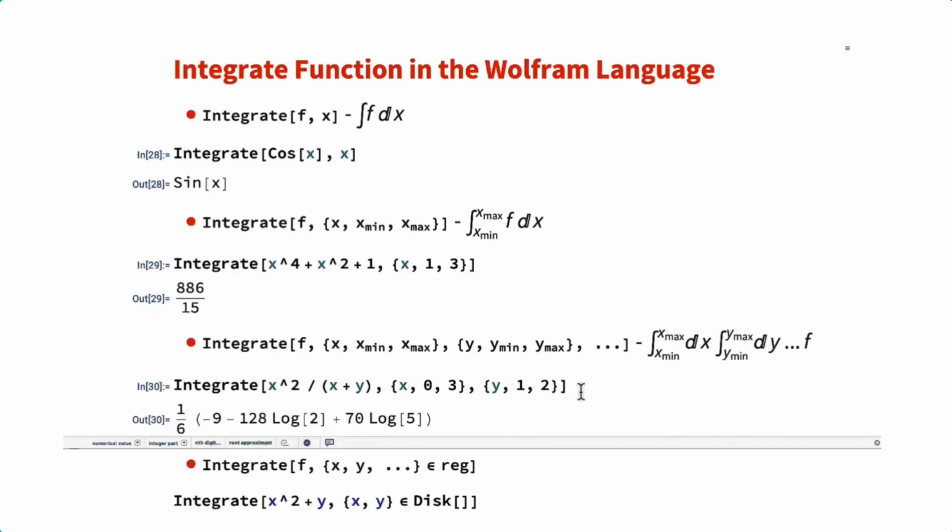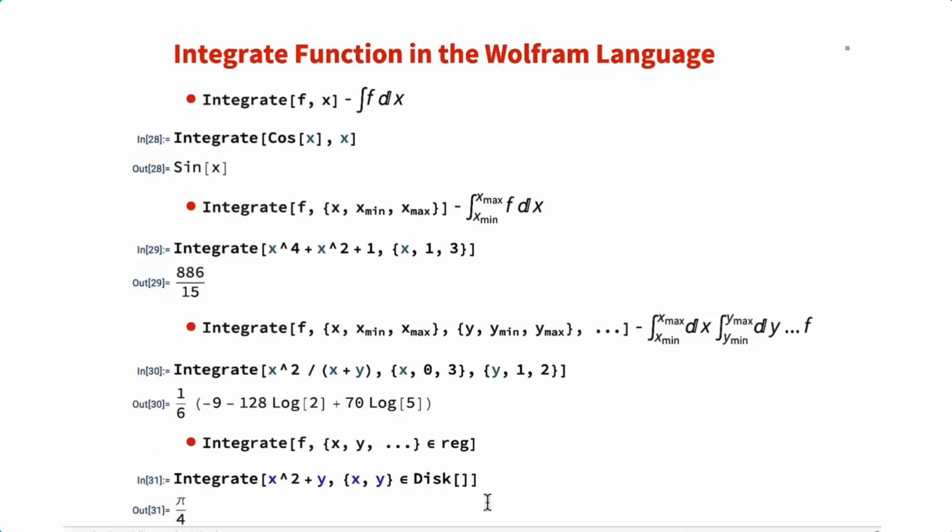And finally, this Integrate is the integration of function f over the region reg. Here, we integrate x squared plus y over a unit disk. Integration over regions is going to be the main focus of today's talk.